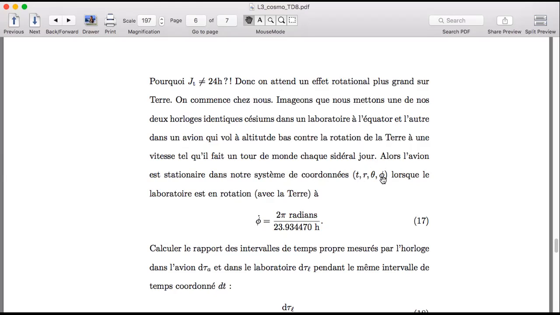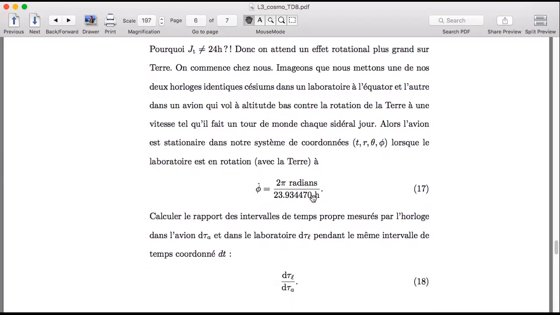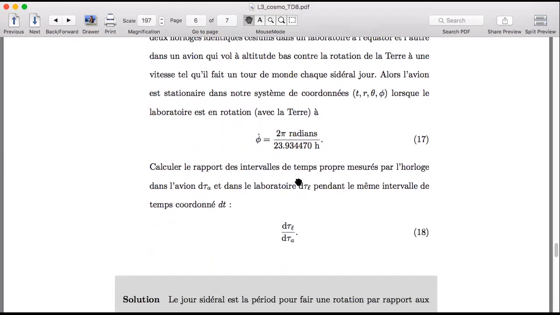So it would have to fly from east to west, and if it did so, such that its phi dot was this rate, then it would be stationary with respect to the fixed stars, but of course moving very quickly with respect to the surface of the Earth.